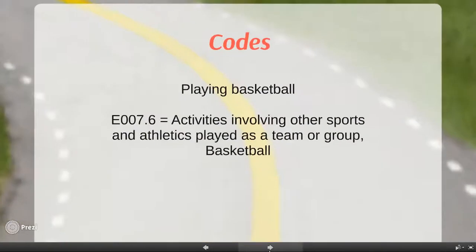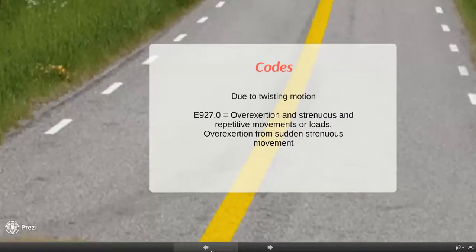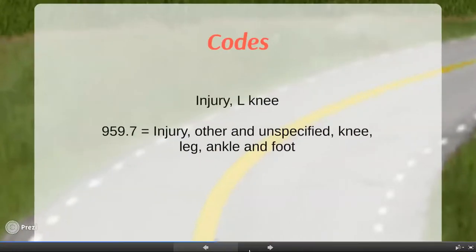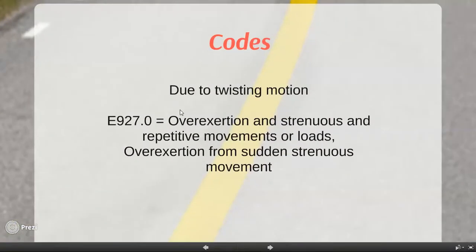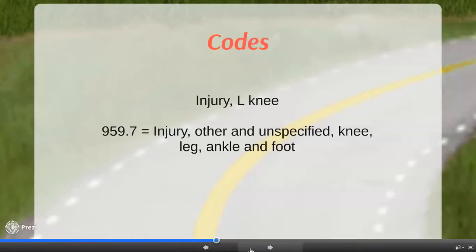So next we have the fact that they were playing basketball. So we have E007.6, which is activities involving other sports and athletics played as a team or group, basketball. Now, let's go back here really quick. So far we've got our injury itself.